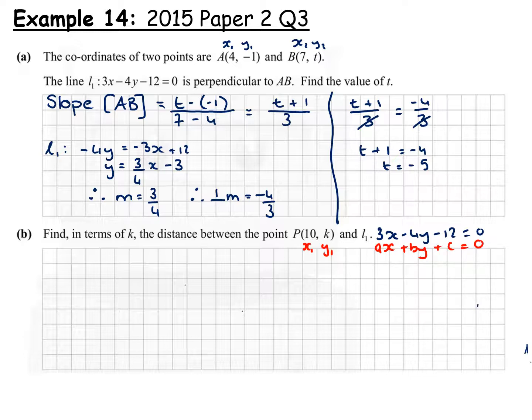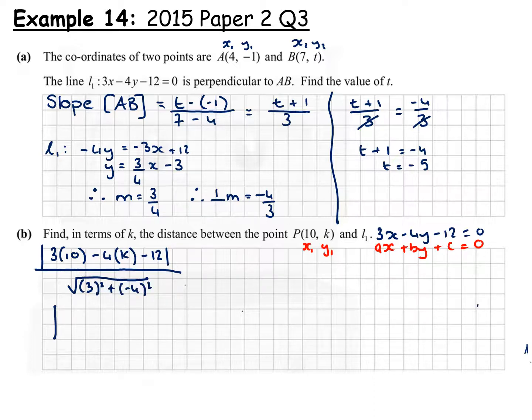We're using the perpendicular distance formula, which appears at the top of page 19, and that gives us the absolute value of ax1 plus by1 plus c, all over the square root of a squared plus b squared.